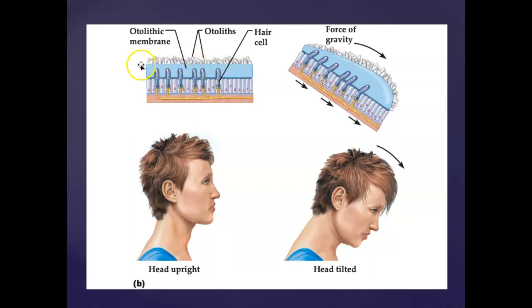Here's that gelatinous mass, that membrane, covered by those calcium carbonate otolith crystals sitting on top. But as this person bends their head forward, this whole gelatinous mass is going to push forward like this. And because it has mass, because of those crystals, it's going to pull and bend those hair follicles, creating that depolarization, again, in the vestibular portion of the vestibulocochlear nerve.